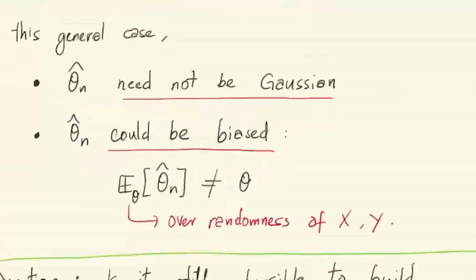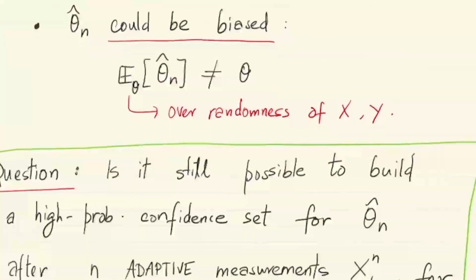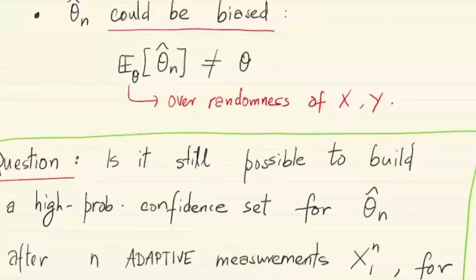But the interesting question from an inference point of view still remains: is it still possible to construct a high probability confidence set for such an adaptively constructed estimate theta hat n after n adaptive measurements, at any point in time small n?